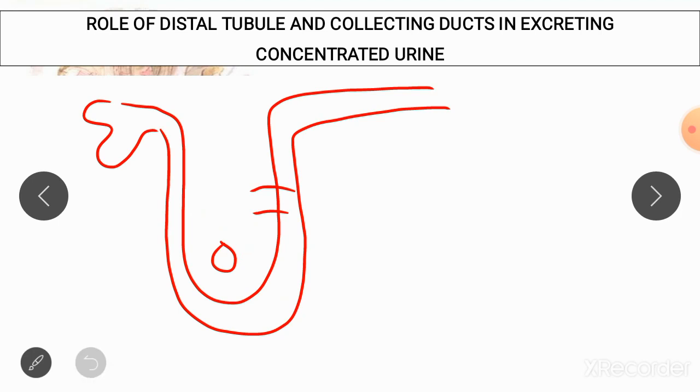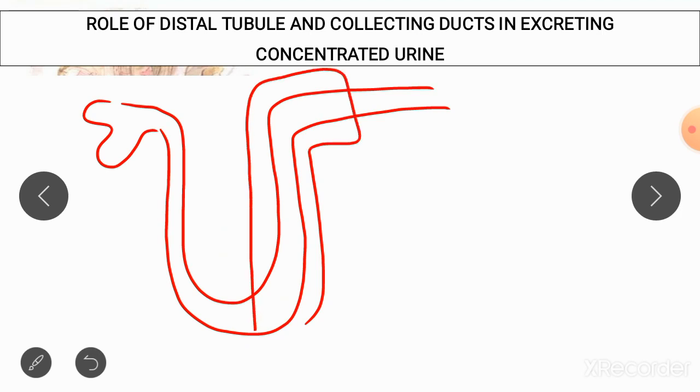And as you already know, the thick ascending limb and the thin ascending limb and the early part of the distal convoluted tubule are absolutely impermeable to water. No water can leave these parts of the nephron.